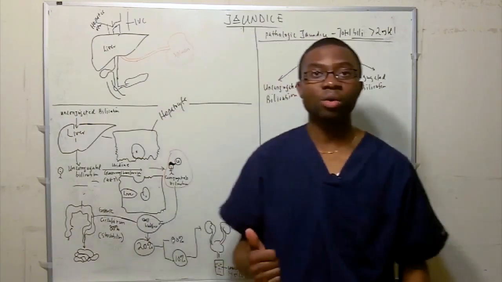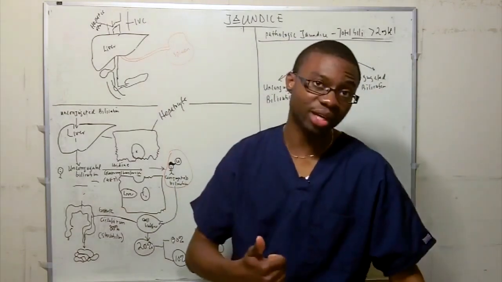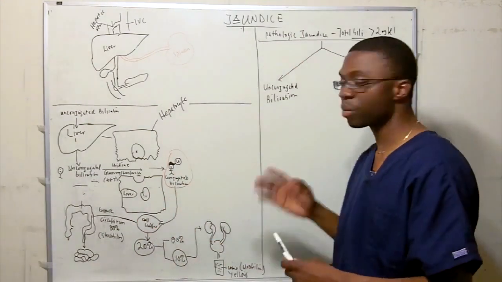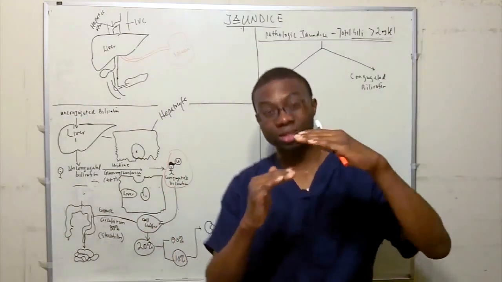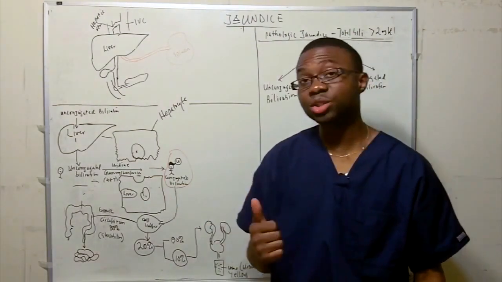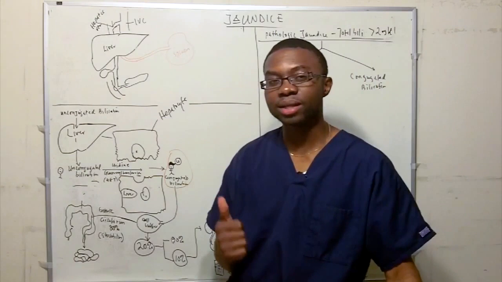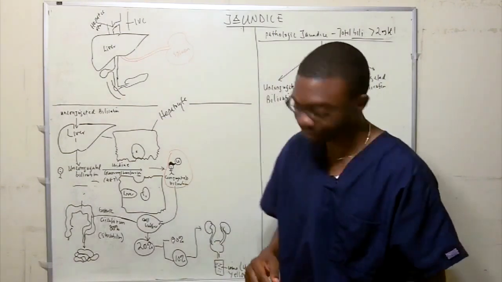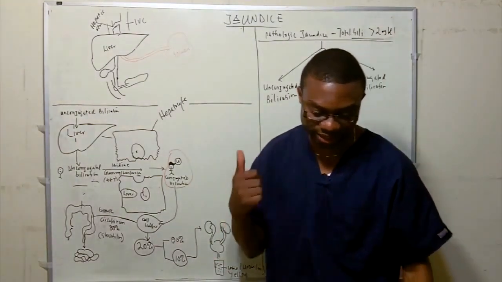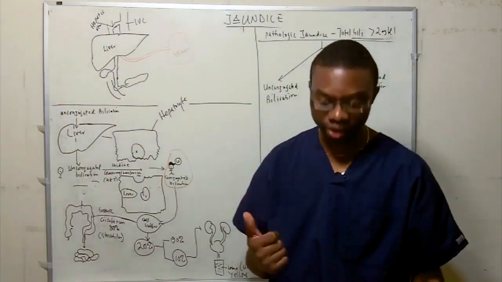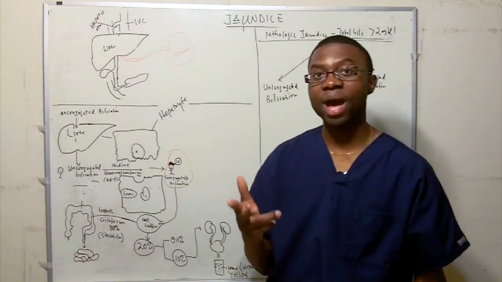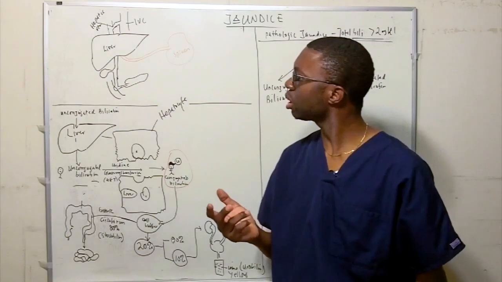Now, we need to know what causes conjugated versus unconjugated bilirubin. Usually when we get to the labs, I'll talk about what it looks like and how you calculate things. When the urine is positive for bilirubin and it is conjugated, there are two things going on. If it's conjugated, it can be caused by a decreased intrahepatic excretion of bilirubin or an extrahepatic biliary obstruction.